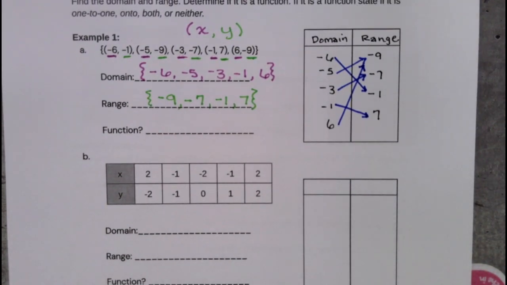So first question, is this a function? Because no domain is reused. This is the only thing we can say is not a function, if the domain is reused. So no domain is reused, so it is a function. That means it's either one-to-one, onto, or both. So which one is it? And why is it onto?